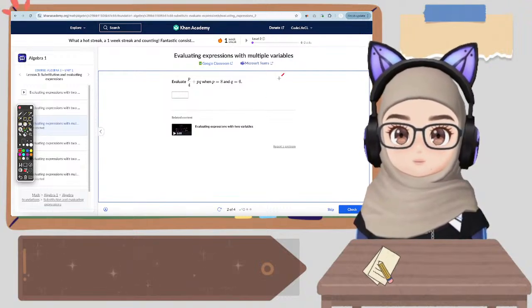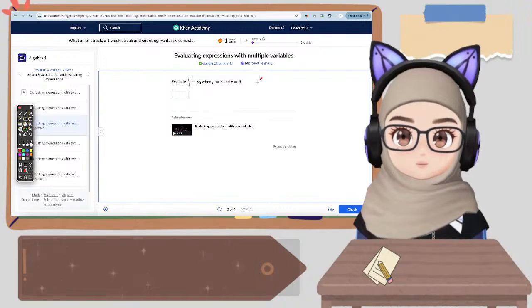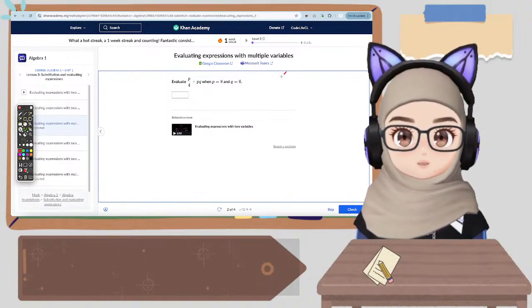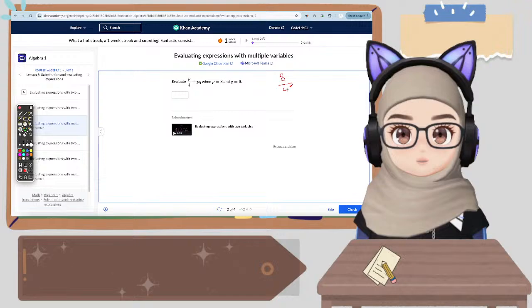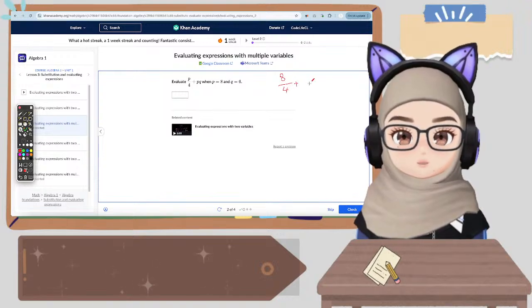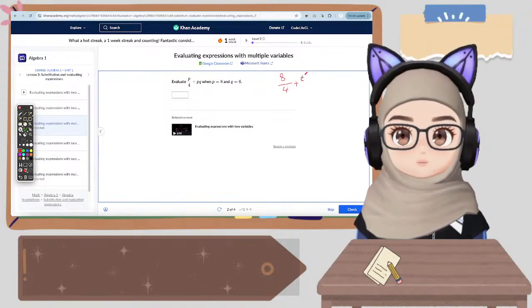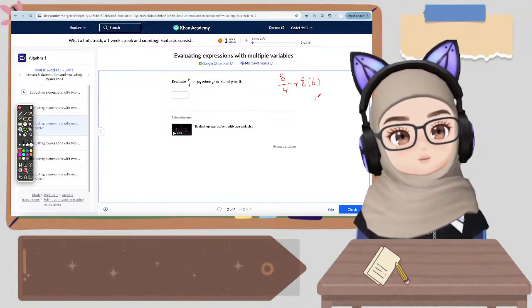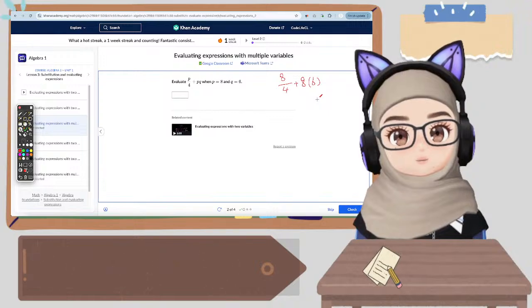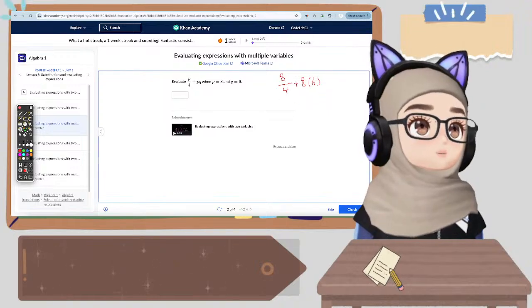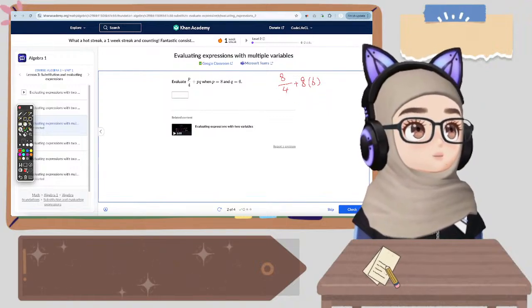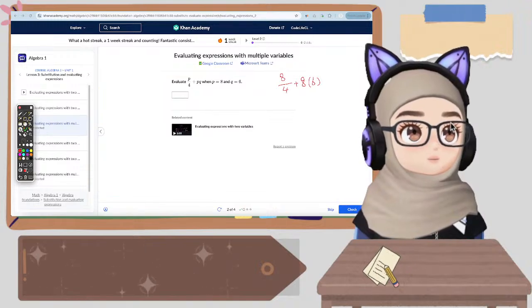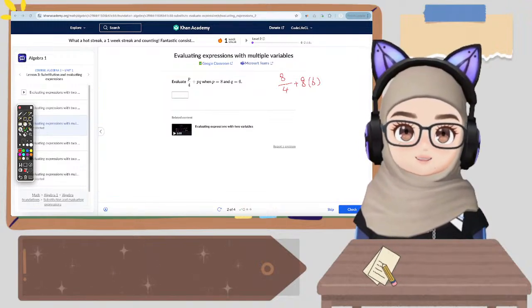We have p divided by 4. P itself is 8, so 8 divided by 4 plus pq. P is 8, q is 6. What is 8 times 6? Do I not remember? Again, my multiplication is horrid. Do not expect me to remember multiplication. That's not what I'm here for.